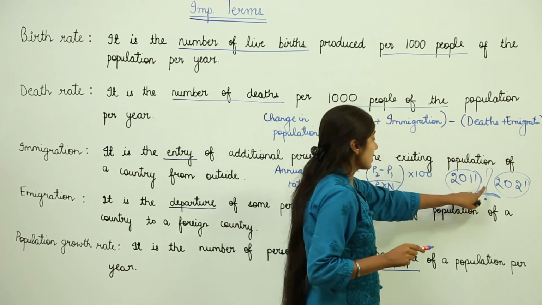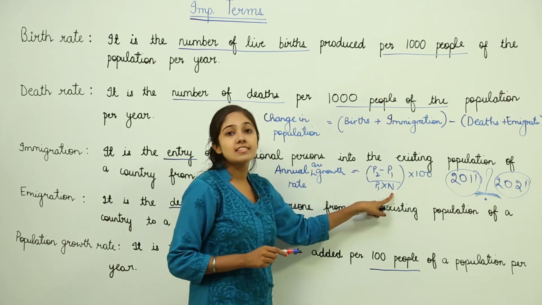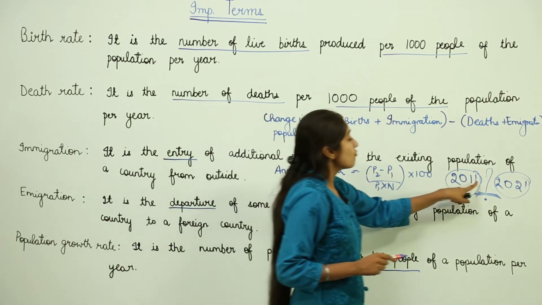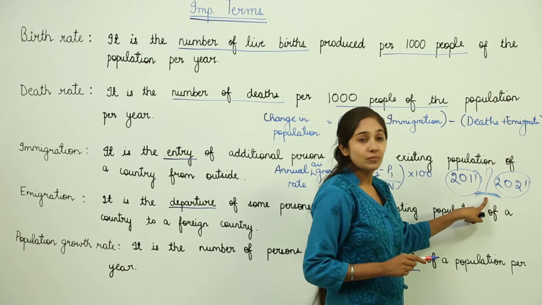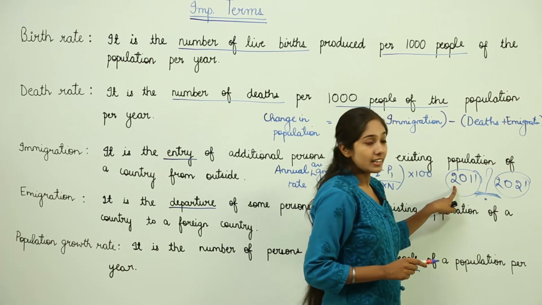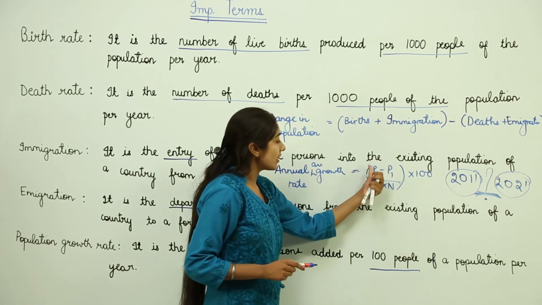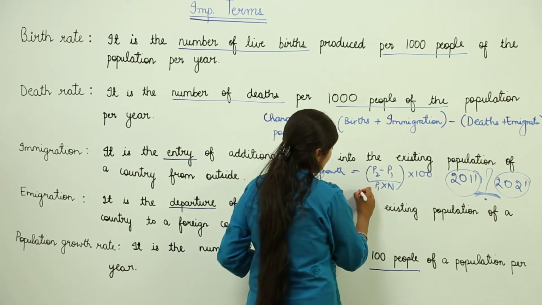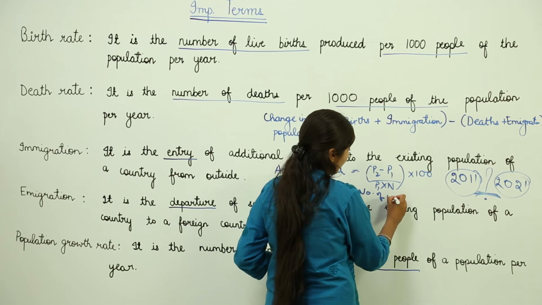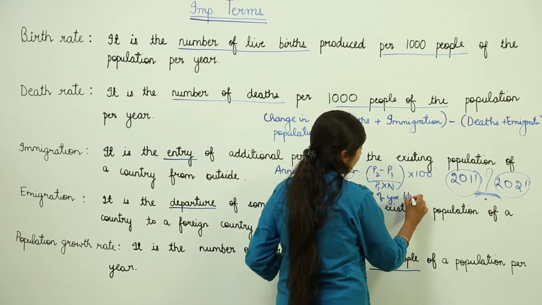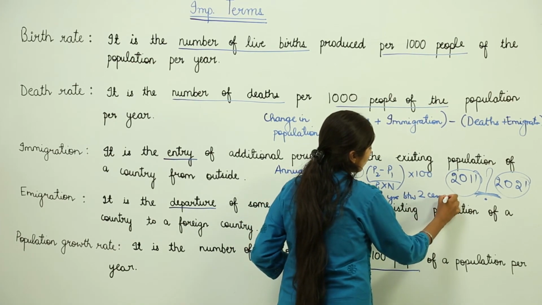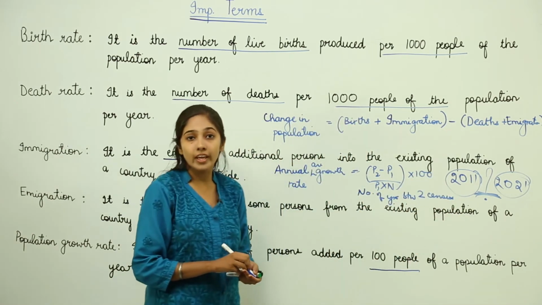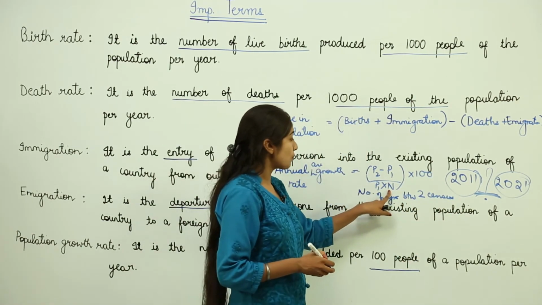When you find this, it comes out to be known as N, right? So the gap you will calculate, that is the difference between the years. So N is defined as the number of years between two census. Okay, now this N, I hope, is more clear to you.